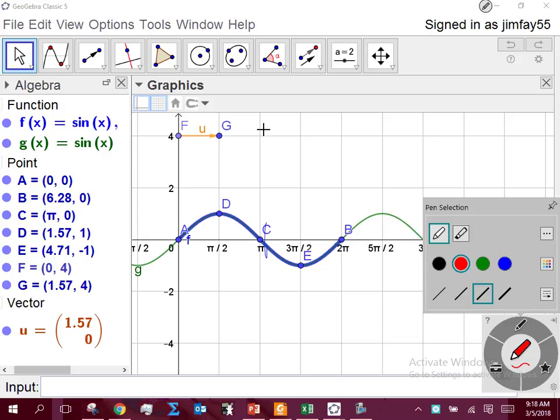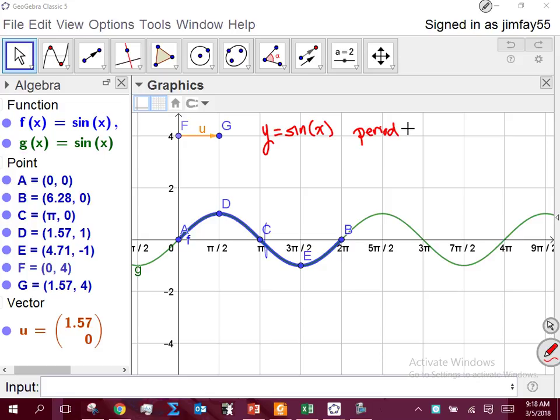But right now, if I have y equals sine of x, the period of the parent function is 2 pi. The period of the parent function is 2 pi. What does that mean to us? It means that it starts repeating itself after a distance of 2 pi, regardless of where I start.